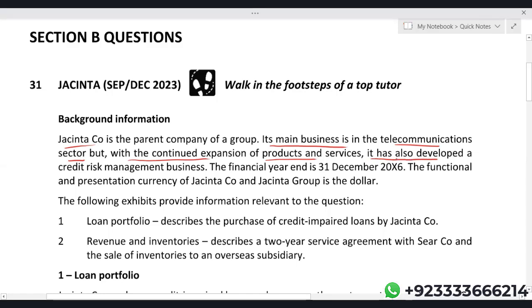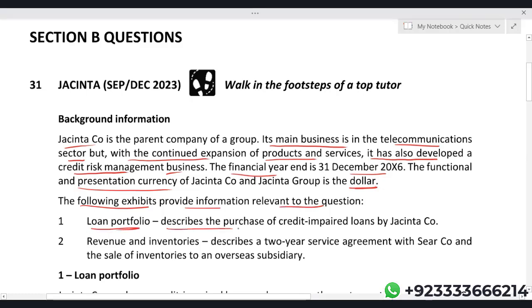It has also developed a credit risk management business. The financial year ends December X6, and the functional and presentation currency of Jacinta and Jacinta Group is the dollar. So we know that any currency other than functional is a foreign currency. They have basically mentioned the functional currency which is dollar. The following exhibit provides information relevant to the question.